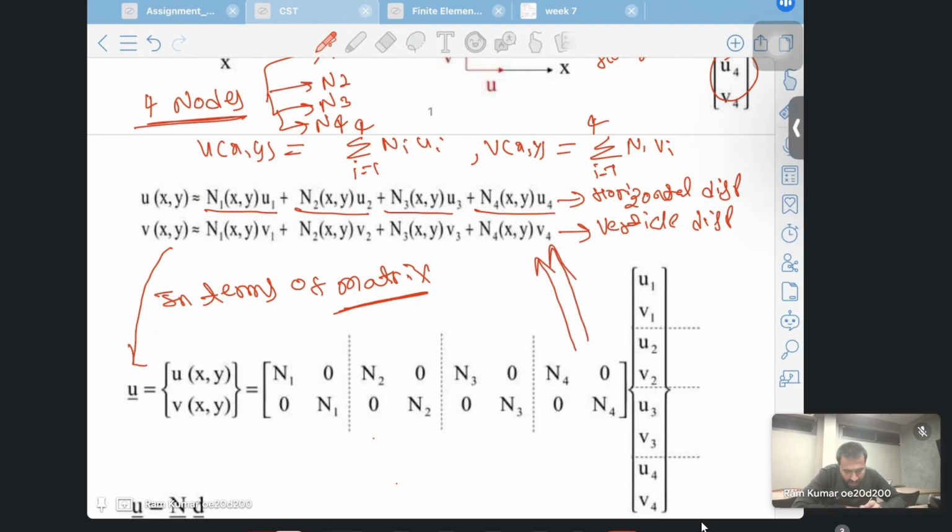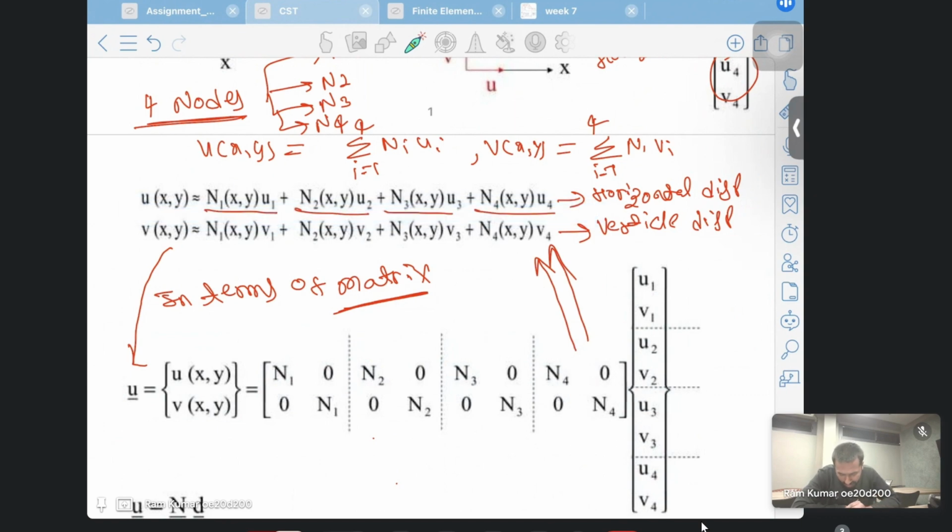I see this is N1 u1 plus N2 u2, because we don't have v1, so this will become 0. Then N3 u3, N4 u4. So directly you will get this expression, correct?